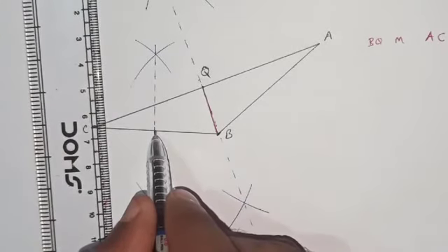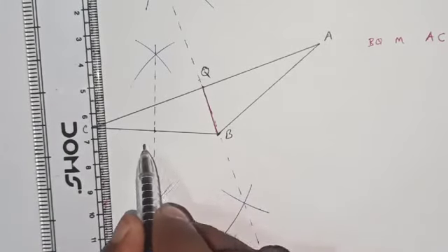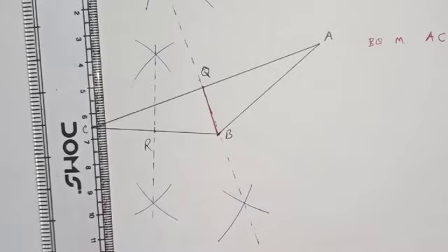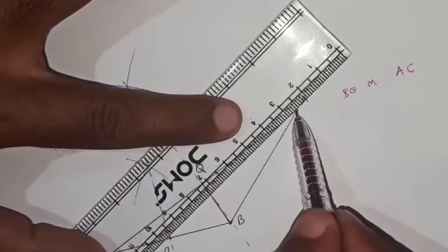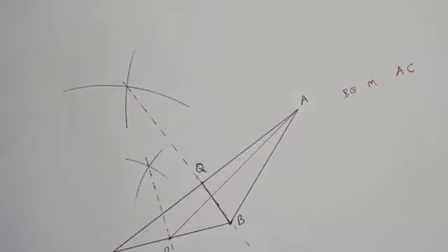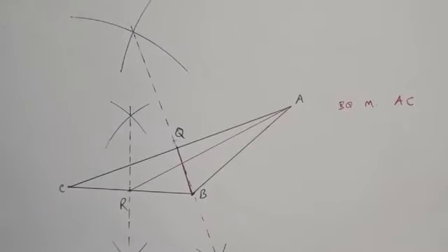Then we have got one point, suppose we name it point R, then join AR. So this is the median.